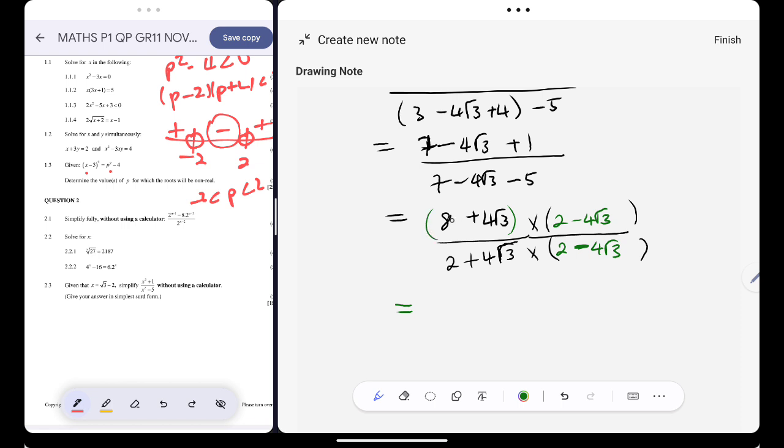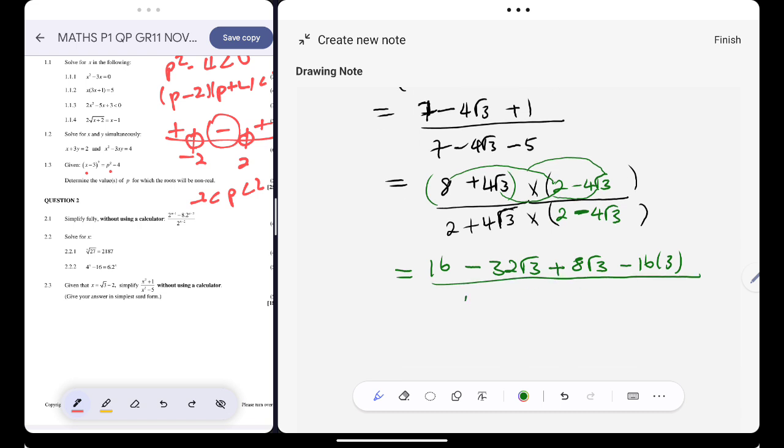Okay, so I'll just have 8 multiplying the two terms. The same applies here. 8 multiplied by 2 is 16, and then 8 multiplied by 4 is 32. I'll have 32 root 3 plus 8 root 3 minus 16 times 3. 4 root 3 times a negative 4 root 3 will give me this.